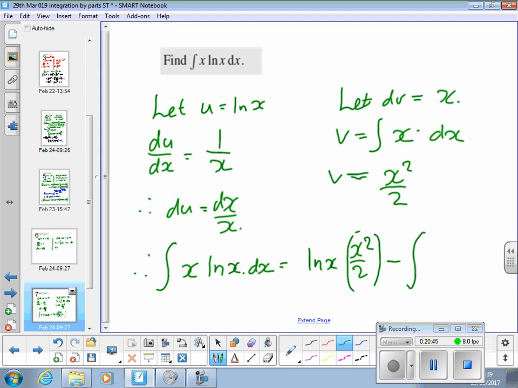the integral of x squared over 2 times dx over x. What can you see that we can do here?